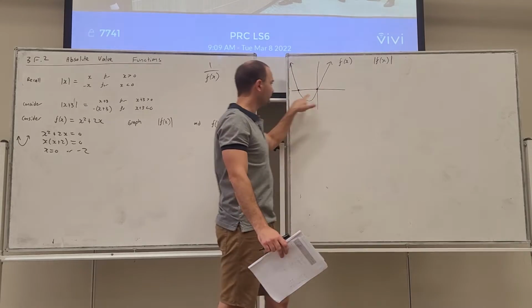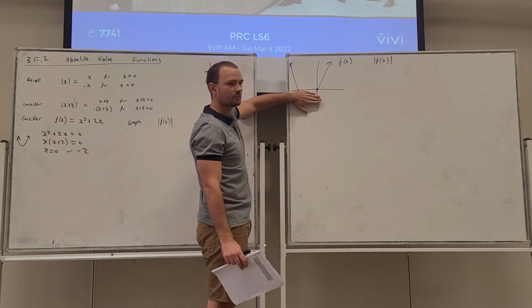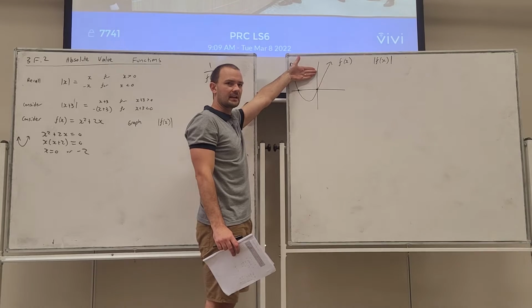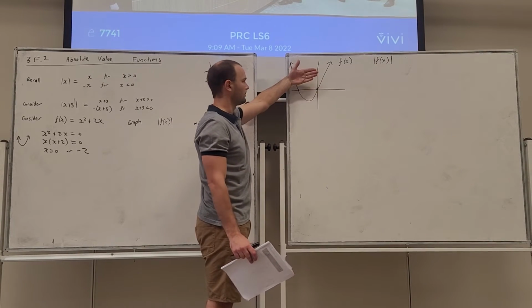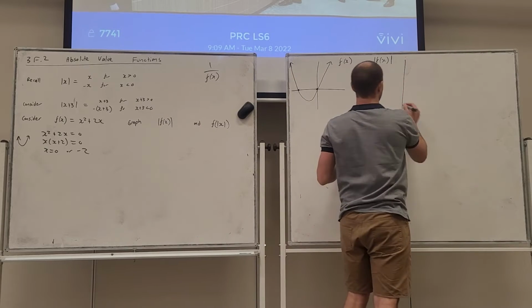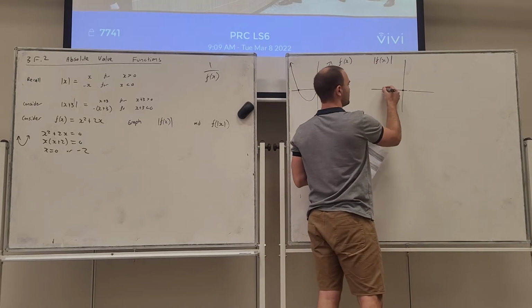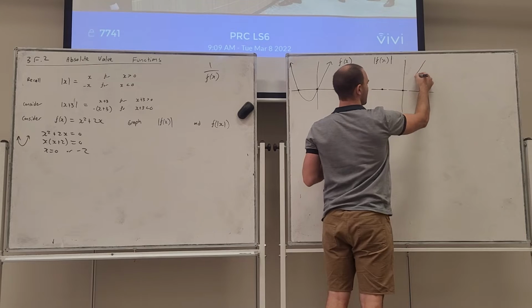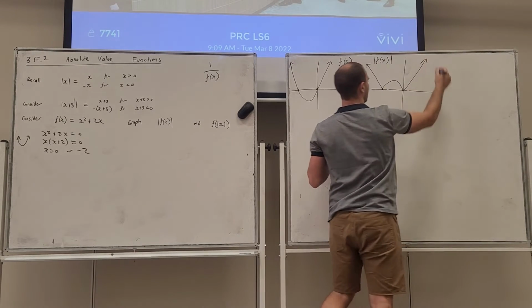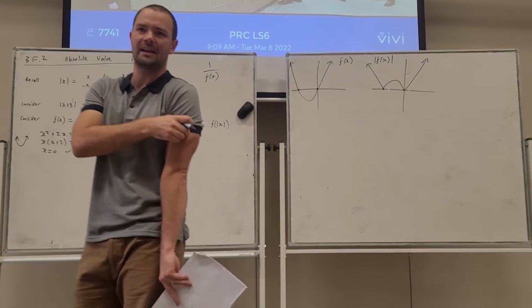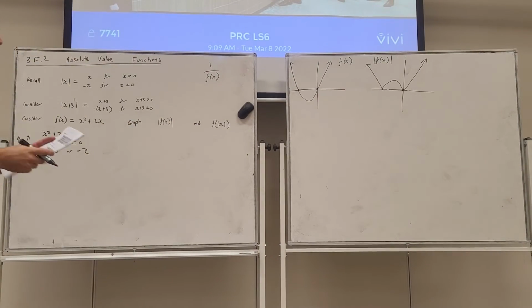So that means every negative value just gets reflected over the x-axis. Everything that's negative, we're just going to take that and flip it up here. So the modulus of f of x then, it still has roots 0 and minus 2, but it comes down, this part goes up, and then it goes like that. So it's just reflected. The negative parts are made positive.